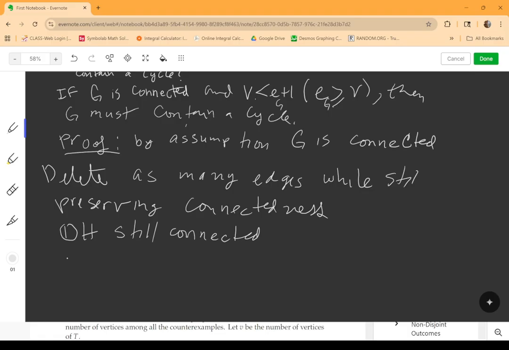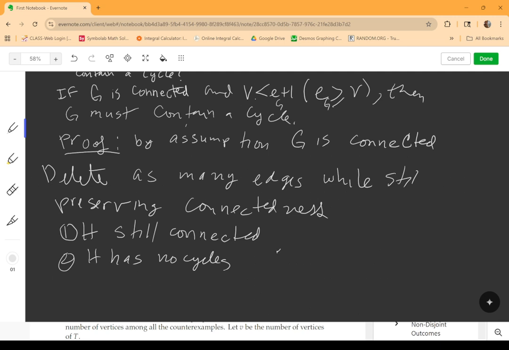Now, this second one we have to work a little to get our mind around: H has no cycles. If it did, we could still remove edges.